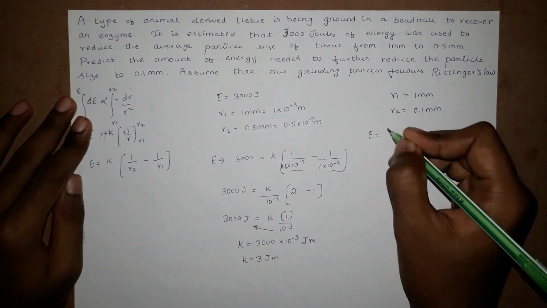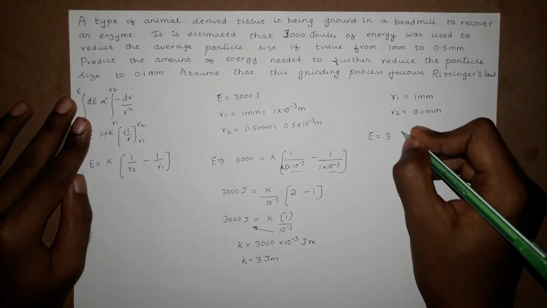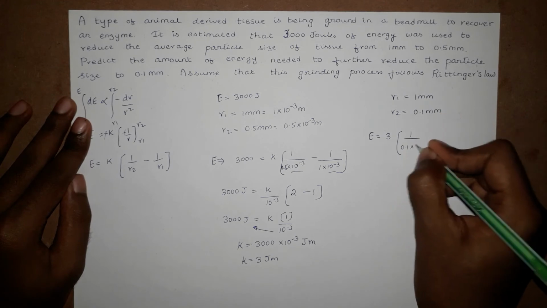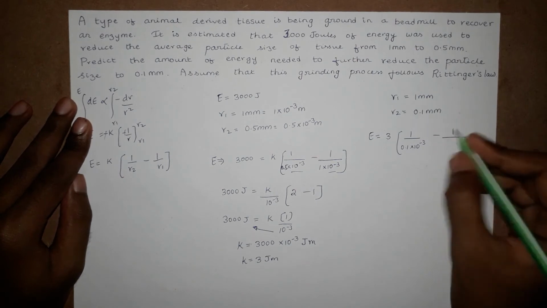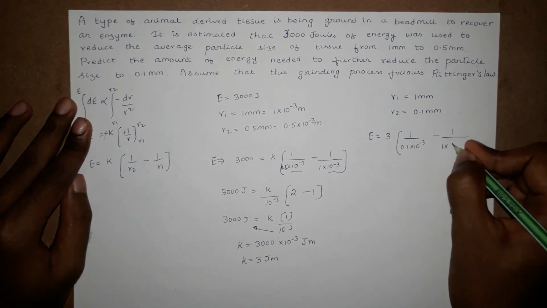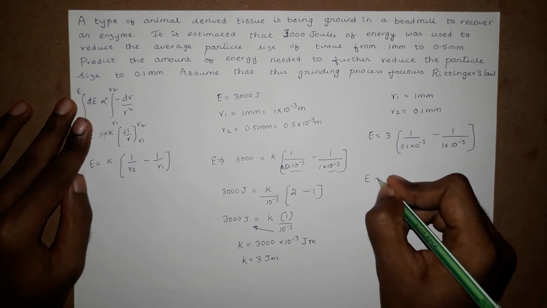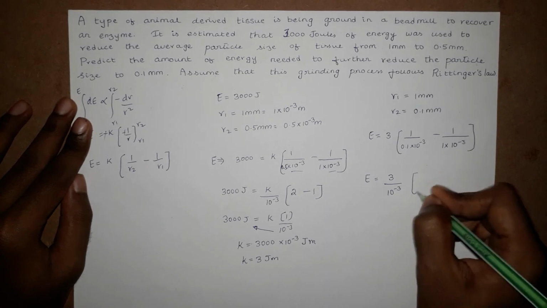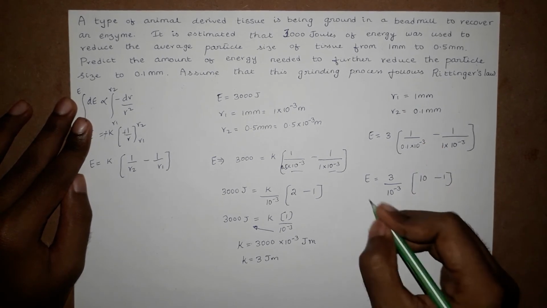Therefore, E is equal to, we found the value of K to be 3 joule meter, 3 into 1 over R2, that is 0.1 into 10 raised to the power negative 3 meter, minus 1 by the initial size 1 into 10 raised to the power negative 3 meter, is equal to 3 by 10 raised to the power negative 3 times 1 by 0.1 minus 1.